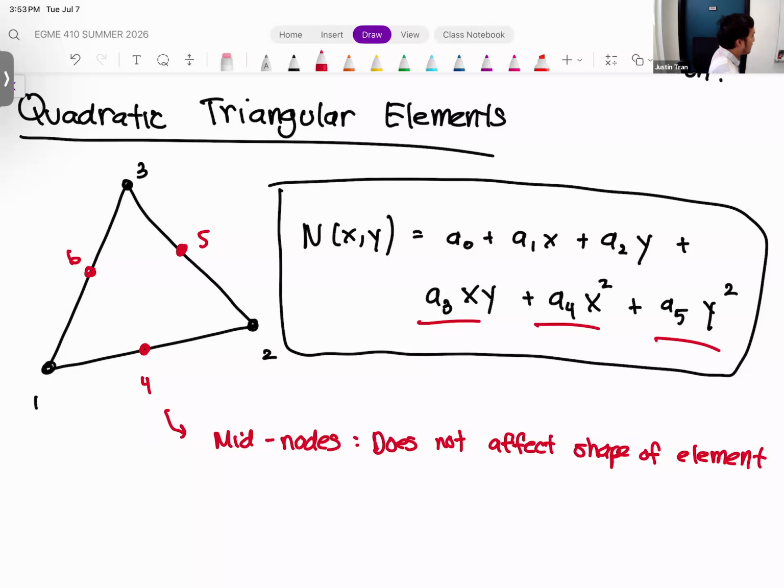new terms here. Now, remember that using quadratic elements technically is more computationally demanding than a linear element.